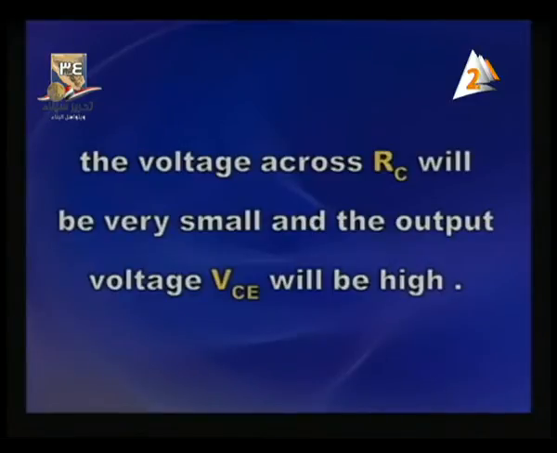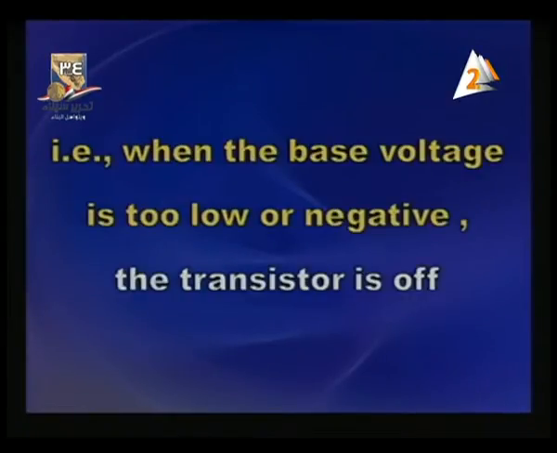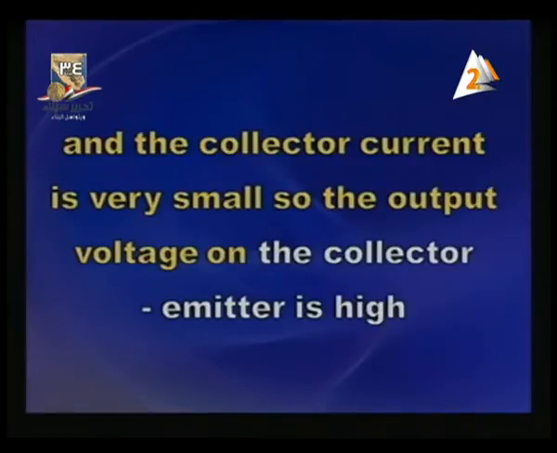The voltage across RC will be very small, and the output voltage VCE will be high. That is to say, when the base voltage is too low or negative, the transistor is off. And the collector current is very small, so the output voltage on the collector emitter is high.